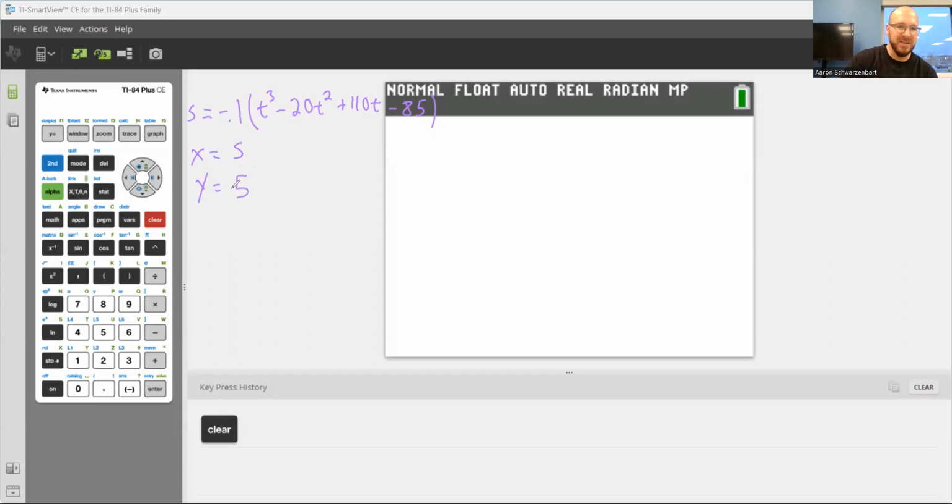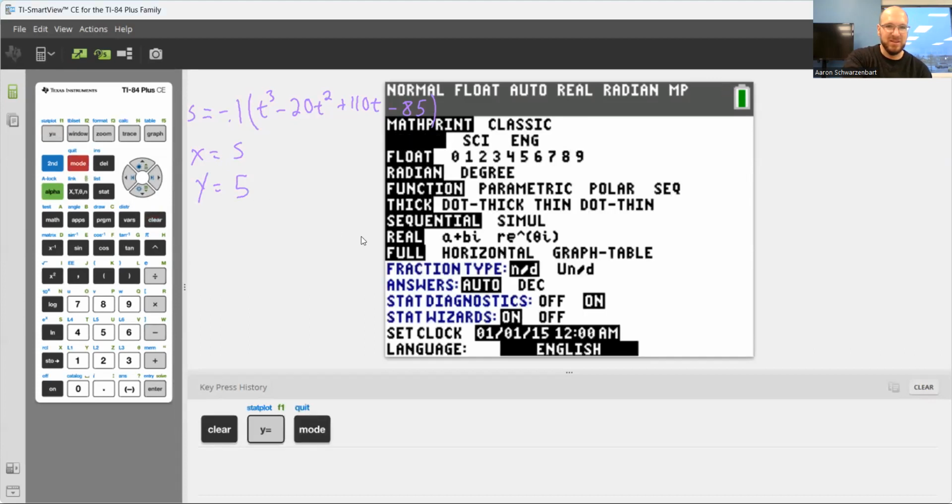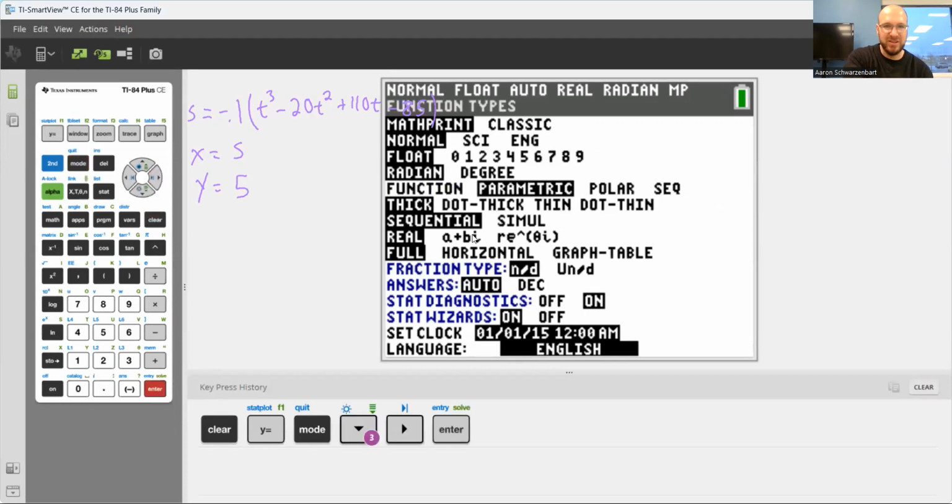Y equals 5. And that'll show, this is simply horizontal motion. That'll show the actual motion. So to do this, again, I go to mode, parametric.